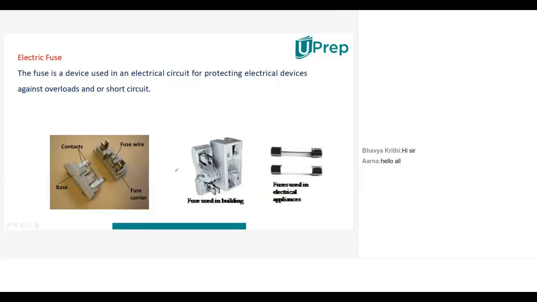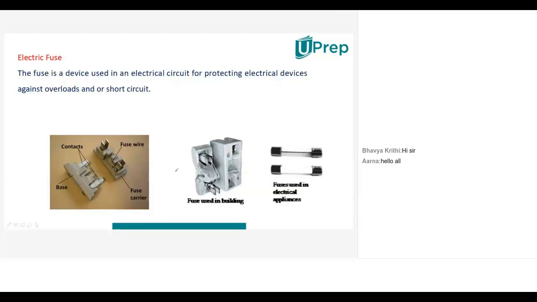When the circuit is stopped, will current flow through all our other devices, or will it be stopped? It will be stopped. Very good. When it stops, that means whatever devices are there, they are protected or not? Yes, sir, they are protected.